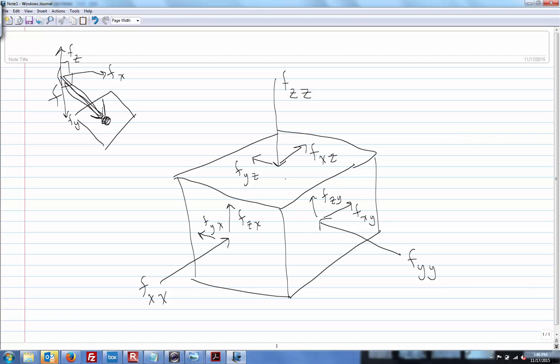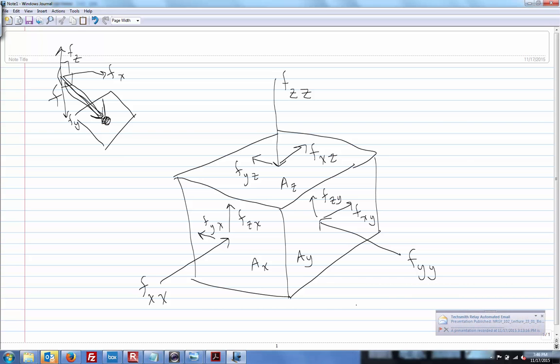We also have this area, which is the z area, the x area, and the y area. Now, if you divide force by area, you get pressure. So we all know that atmospheric pressure is 14.7 psi, pounds per square inch, force per unit area, or 101 kilopascals, newtons per square meter.